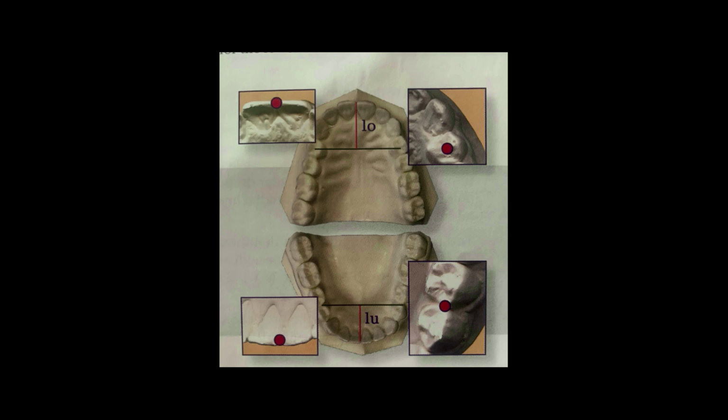Measurements are taken from the contact point on the labial surface of the incisal edges of the central incisors to the point of intersection with the line drawn through Pond's points in the area of the first premolars.